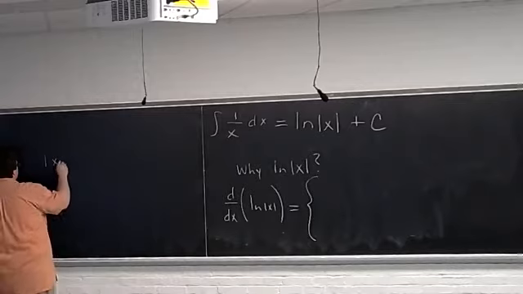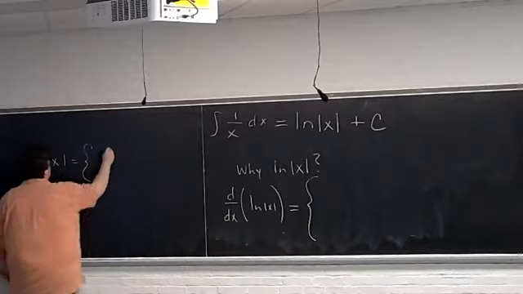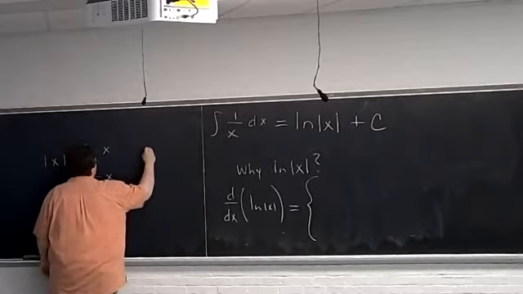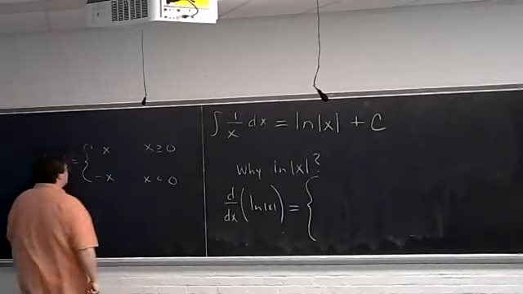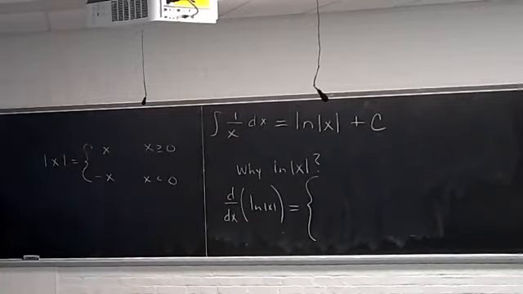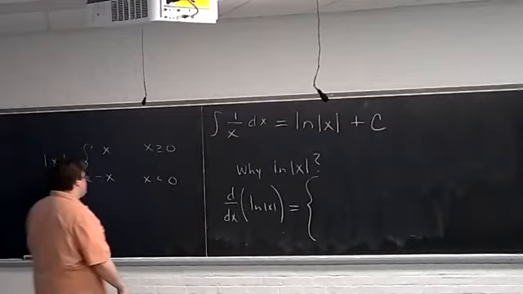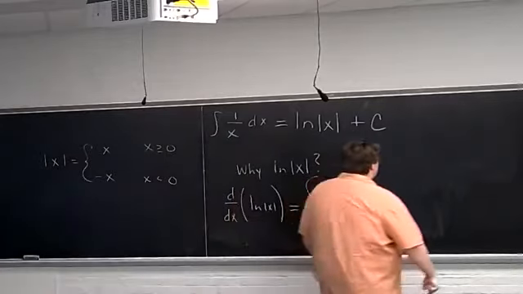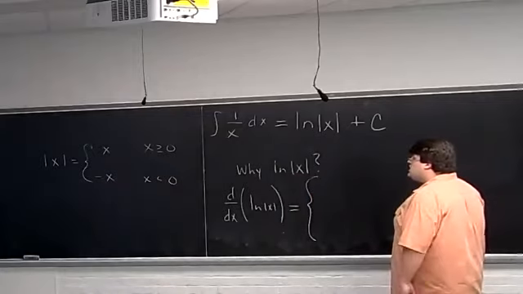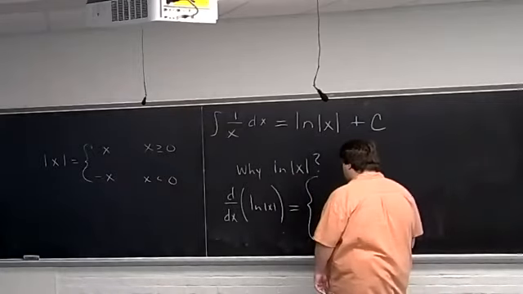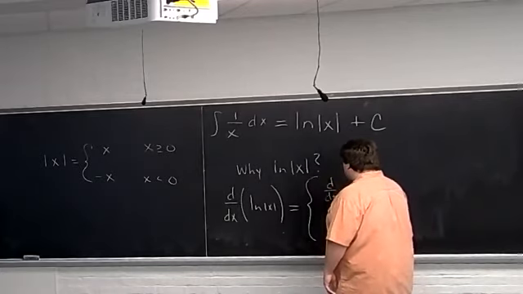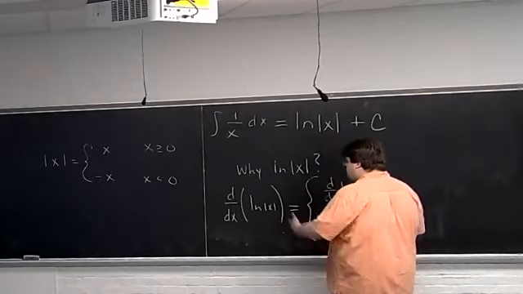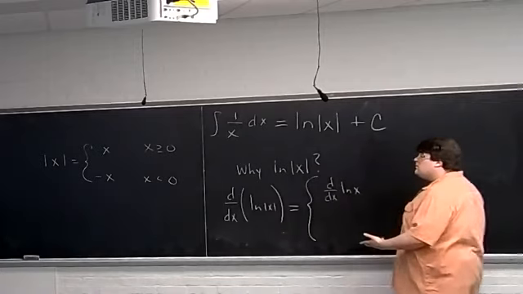Well, you're going to need the definition of the absolute value. So first of all, this is going to be defined differently on the positive and negative sides of 0. Here, what happens at 0 doesn't matter because it's not defined at 0. But what's the derivative on the right of 0? Well, to find that derivative, you need to first evaluate the absolute value.